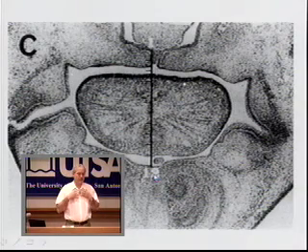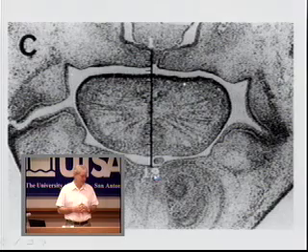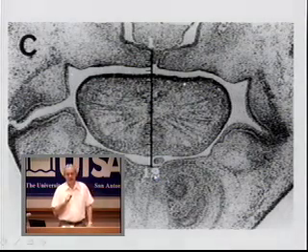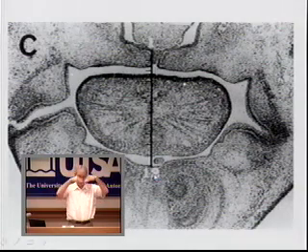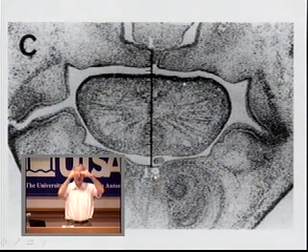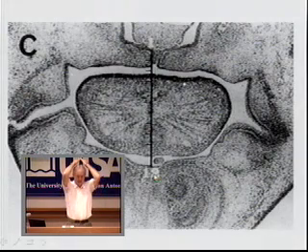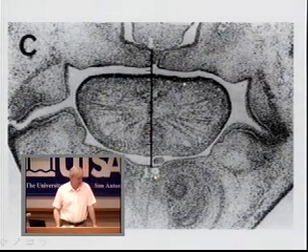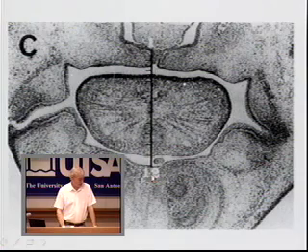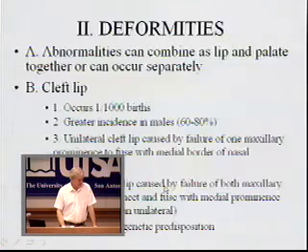So we know that farther forward, anteriorly toward the front of the face, the tip of the tongue is going to be smaller. So that's where the lateral palatine processes can come together first, get over that smaller part of the tongue, and then as the tongue gets out of the way, you just get the fusion like a zipper back toward the posterior end of this.